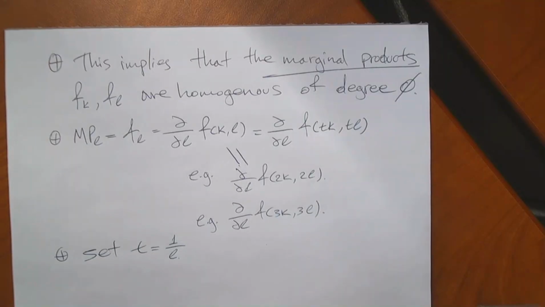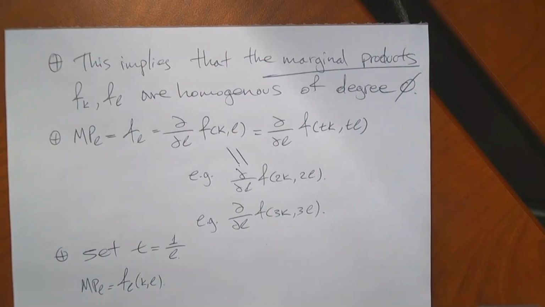If you do this, the marginal product of labor is going to be equal to F of L. Remember, this is a function of capital and labor. So don't get confused by thinking that the marginal product is a specific number. In general terms, it's expressed as a function of the variables that you have in the mix.